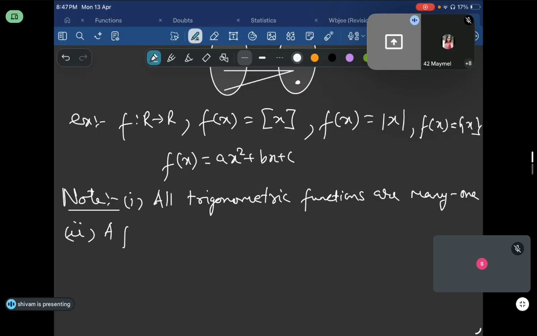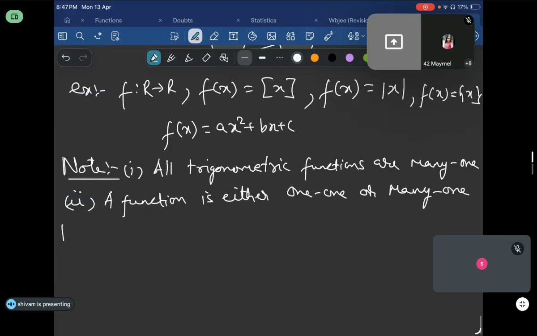See, a function is either one one or many one, right? Hence, can I say the total number of one one mappings... Sir, my Wi-Fi is fluctuating very much.